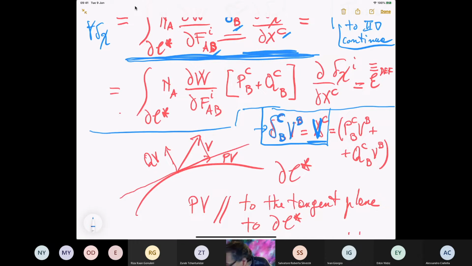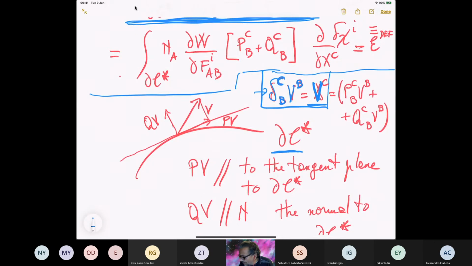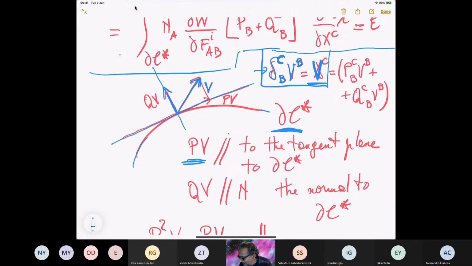Now I want to split this identity in a particular way. Let us consider the surface boundary of C star. You have a vector V, and clearly you can project this vector V along the normal to the surface or in the tangent plane of the surface. So PV is parallel to the tangent plane to the boundary of C star, and QV is parallel to N, the normal to the boundary of C star.